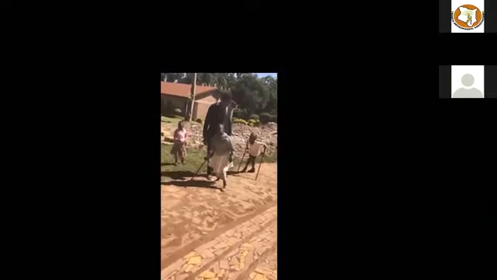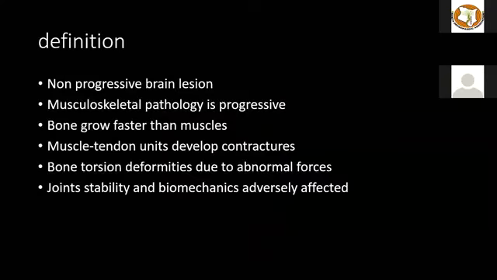Cerebral palsy, though not well documented in Kenya, is a common problem because of poor maternal-child health care. The definition of cerebral palsy is a non-progressive brain lesion or pathology.